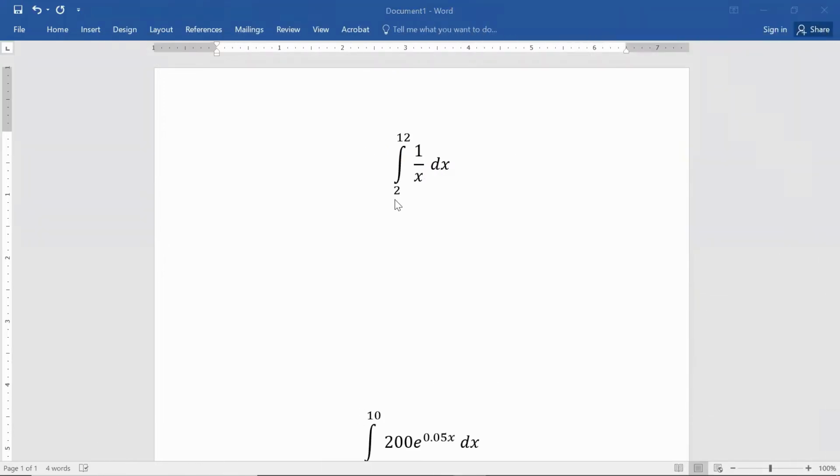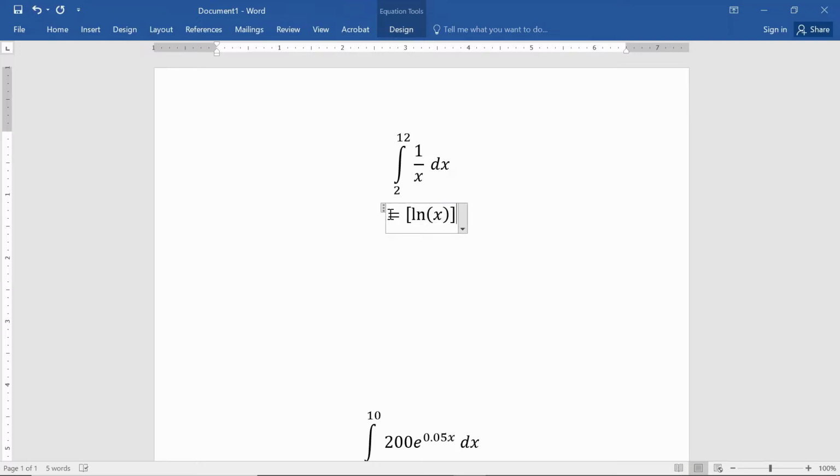I start by integrating 1 over x from 2 to 12. 1 over x, if you recall, is that special function where the antiderivative needs to be the natural log of x, or the natural log of x plus a constant.